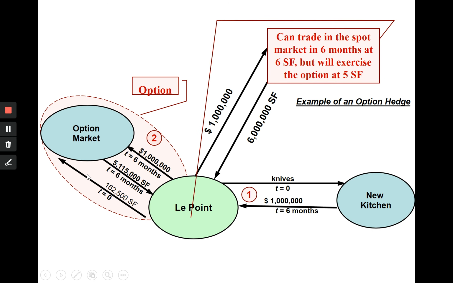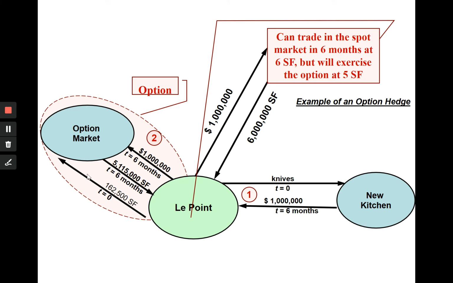Okay, so far we discussed an advantage of option market hedge, and that advantage was that it places a floor on our losses and all the gains are ours. And we discussed a disadvantage, and that disadvantage was the fact that it's expensive.